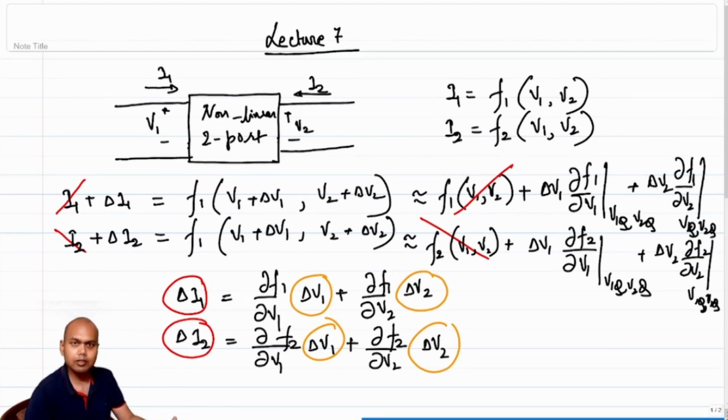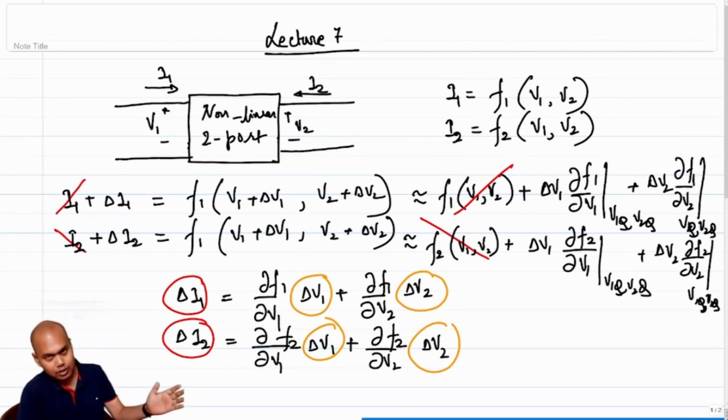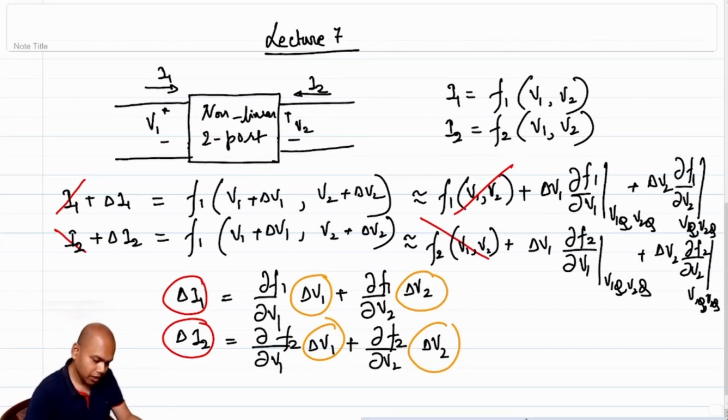And why incremental? Because it relates the incremental port voltage change to the incremental port current change. Note that these are not absolute or total y parameters; these are incremental y parameters.